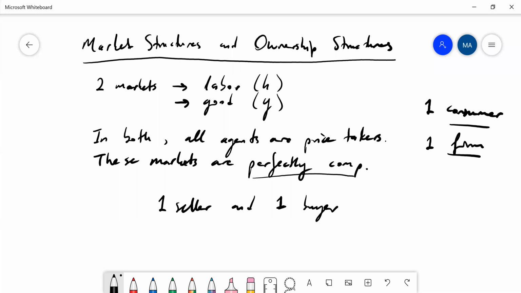How can these markets be perfectly competitive? Any ideas? Now, this is a trick. And here's how.